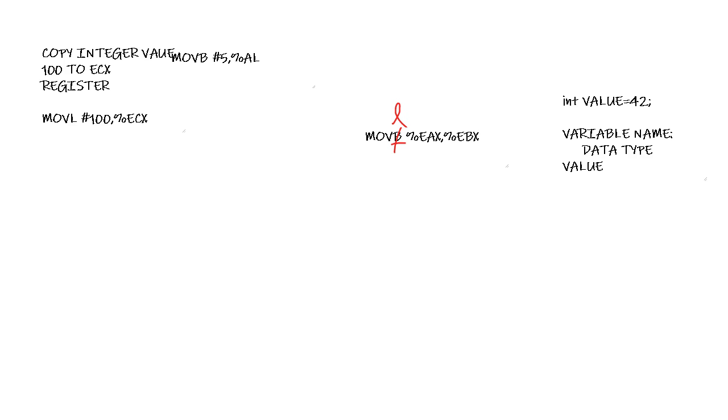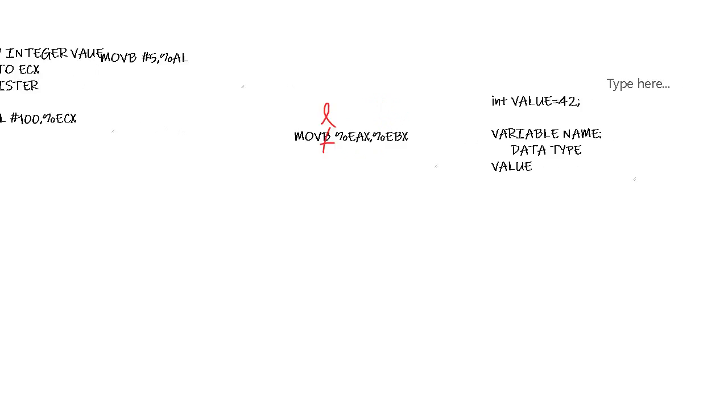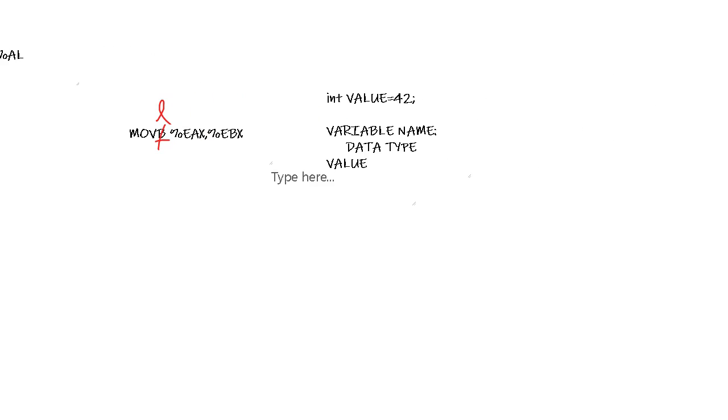For the question I gave, where value is the name of the variable, it contains the value 42 and is of integer type, in an assembly program we write it like this: value colon, then integer, and its value is 42.